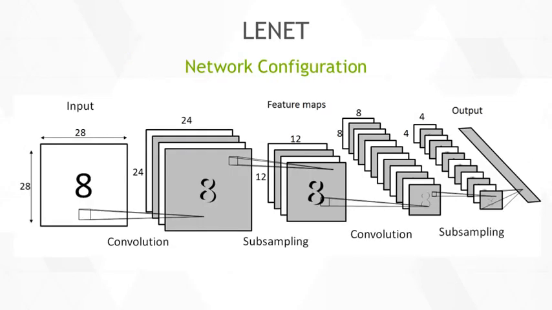Okay, so a network configuration. Here's LeNet, and I highlighted it in the previous slide because I wanted to talk about it here. When I choose a network and think I might want to modify it, I try to think about what's going on with my network. What does my configuration mean?